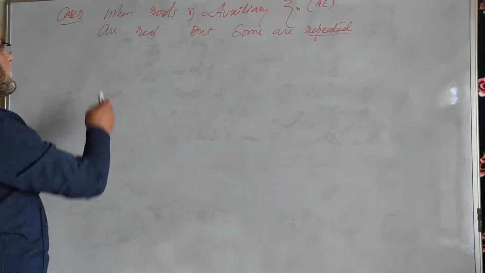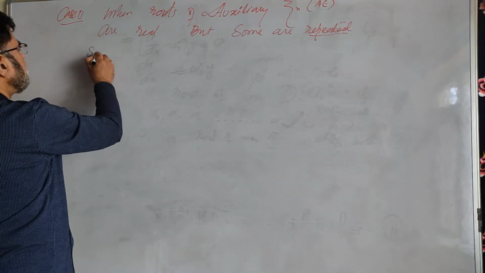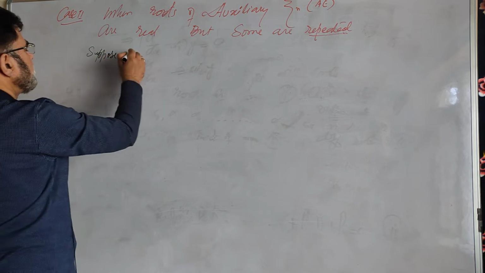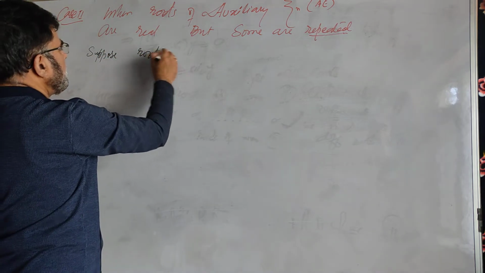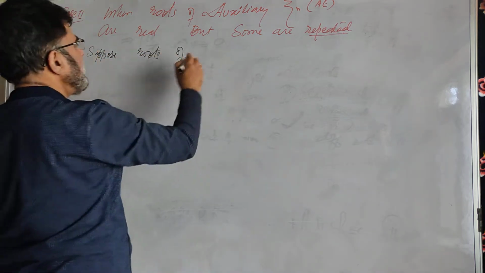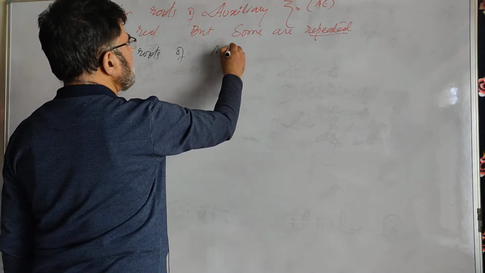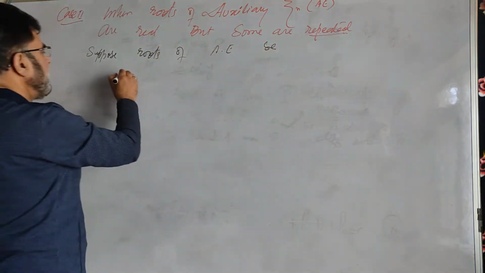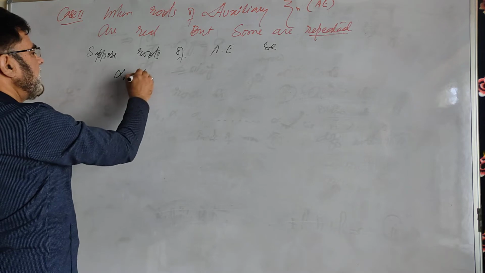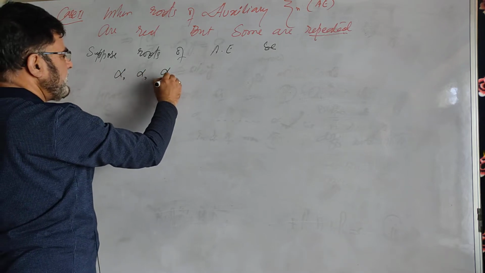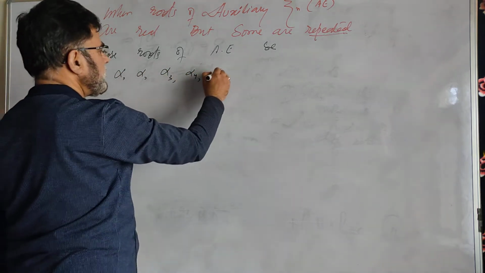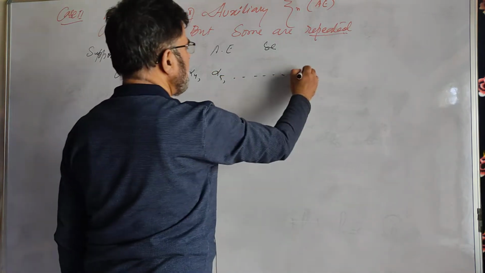Let us assume, suppose roots of the auxiliary equation be alpha, alpha, then alpha 3, alpha 4, alpha 5, alpha n.